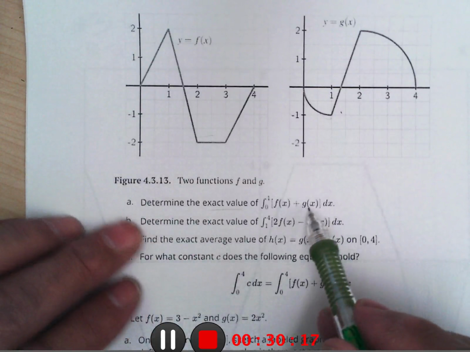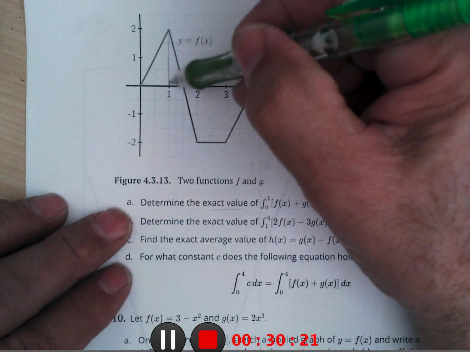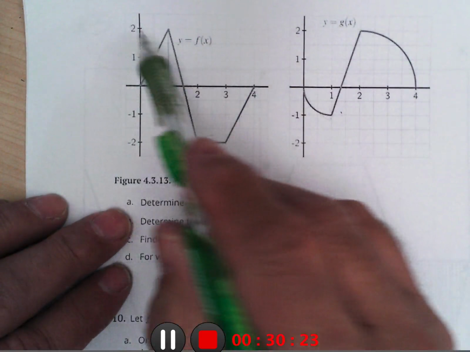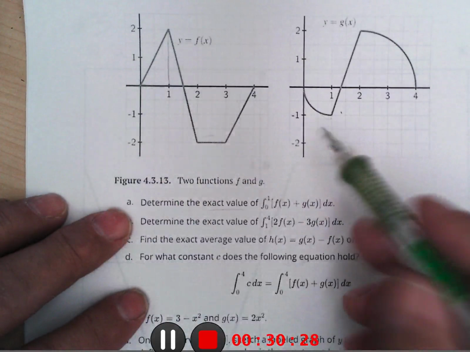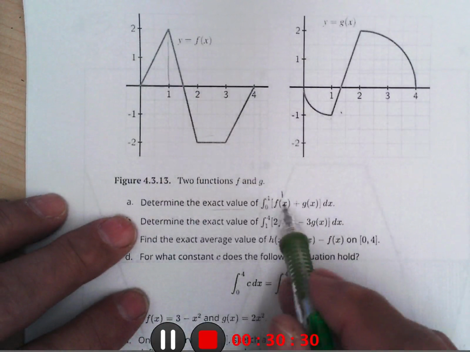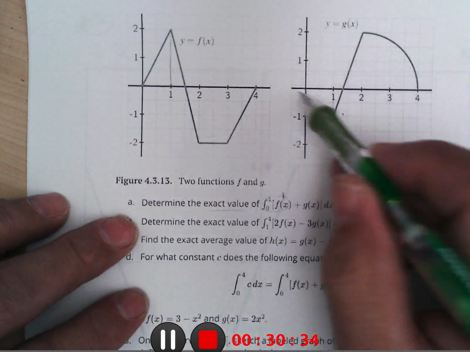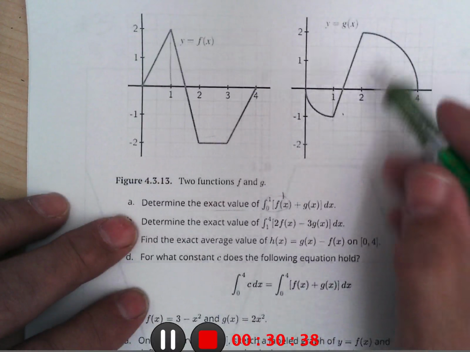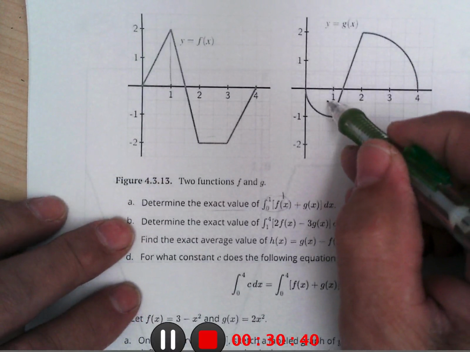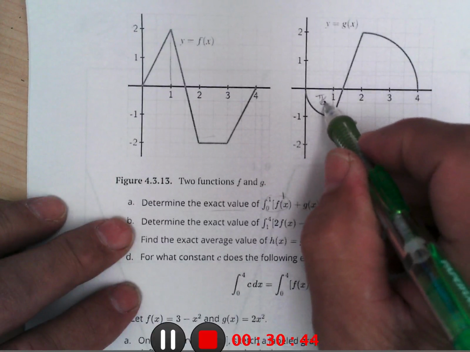Well, f from 0 to 1 is a height of 2, width of 1, triangle, so that's 1 from this part. And g, that is a quarter of a circle of radius 1. So the radius 1 circle has an area pi, so this is pi over 4. So 1 plus pi over 4.